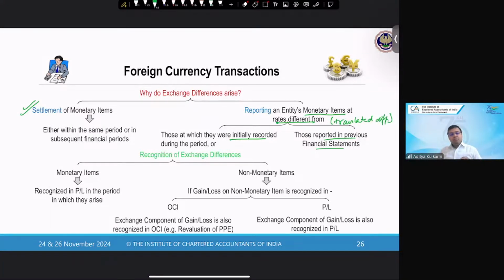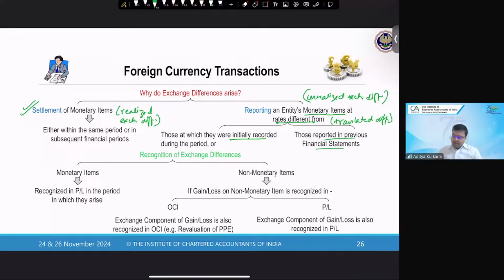If I have to put it in two terms, this is your realized exchange difference, because there is a settlement that is happening. Whereas the translation difference, is it realized or unrealized? Unrealized, sir. Yes, that's right. Unrealized exchange differences.